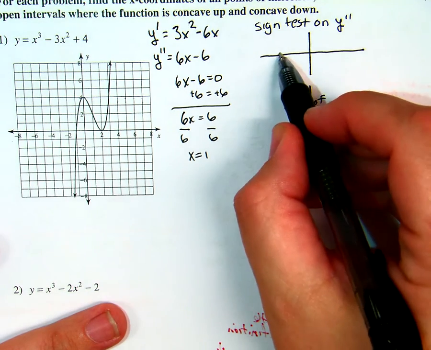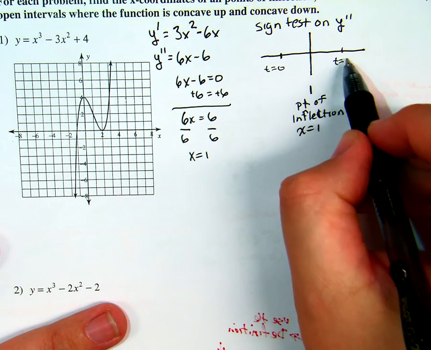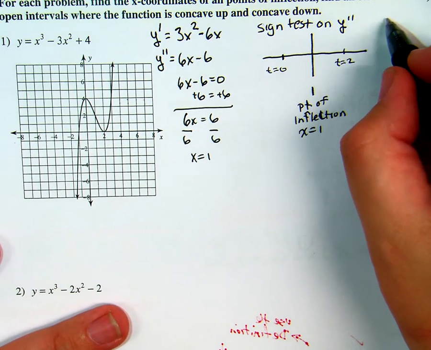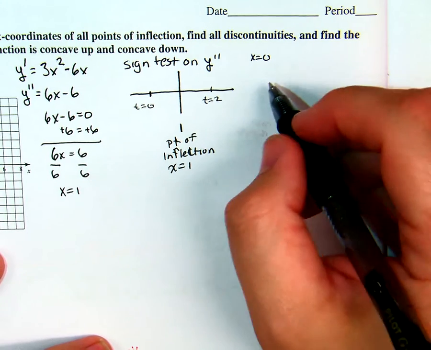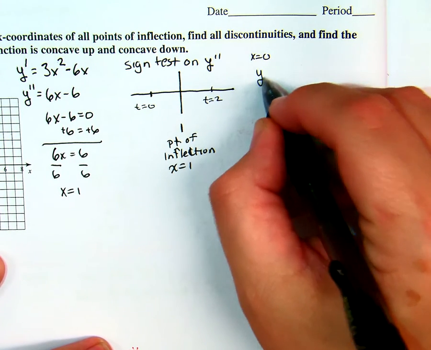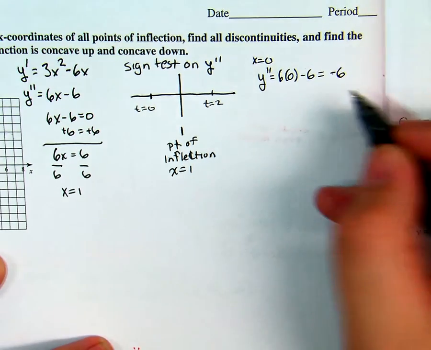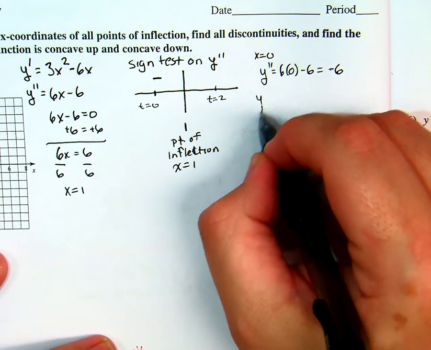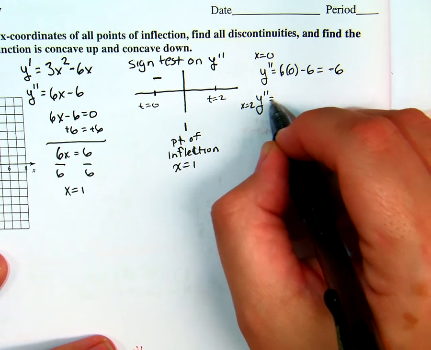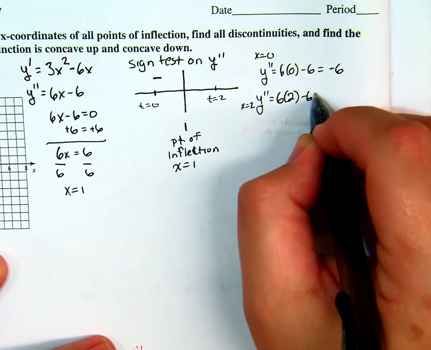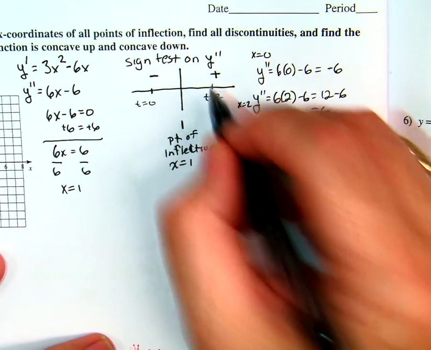Now, what would be a good test point here? Alright, x equals 0 here, and x equals 2 here. So at x equals 0, y double prime is 6 times 0 minus 6, which is negative 6, which is negative. Y double prime for x equals 2 would be 6 times 2 minus 6, which is 12 minus 6, which is 6, which is positive.